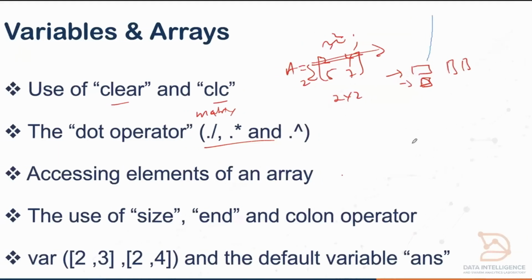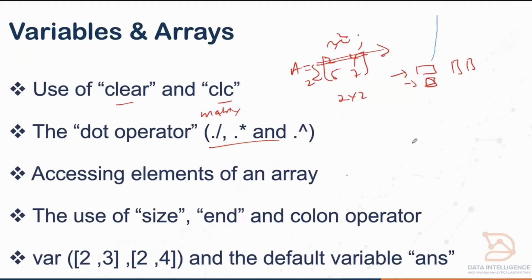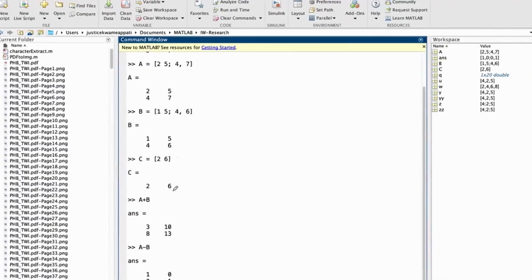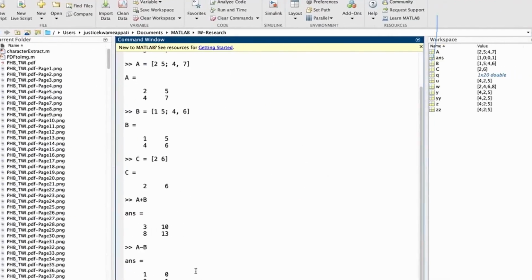Okay. So how do we know the size of a matrix in MATLAB? This is where the word size will be used. Okay. So if I do A plus C, they can't agree. So it gives me, oh, there's something interesting here to pay attention to. This is quite new to me in what MATLAB is doing.